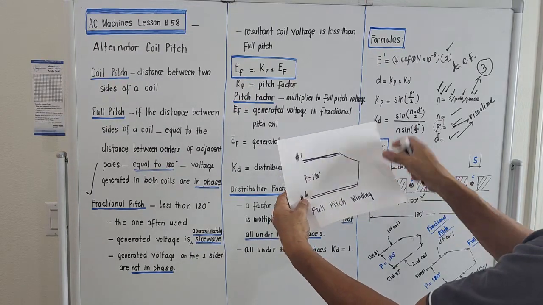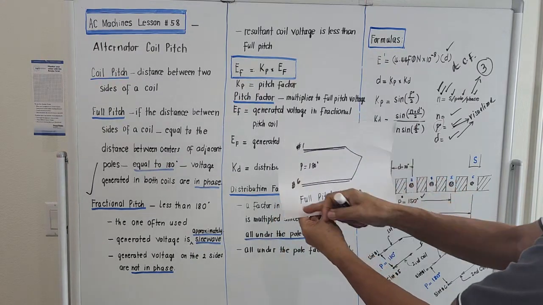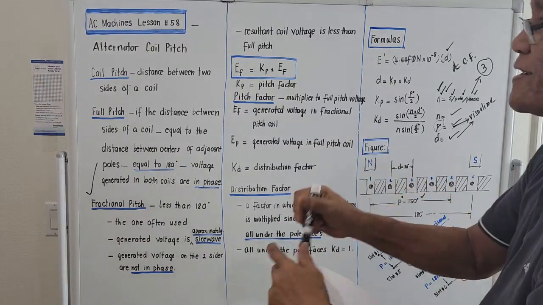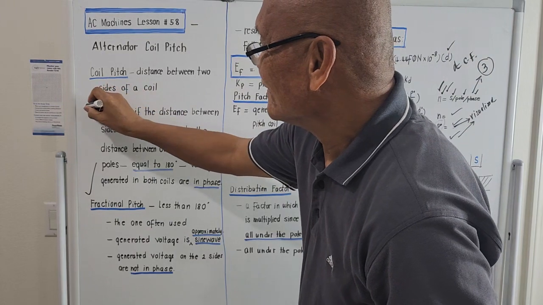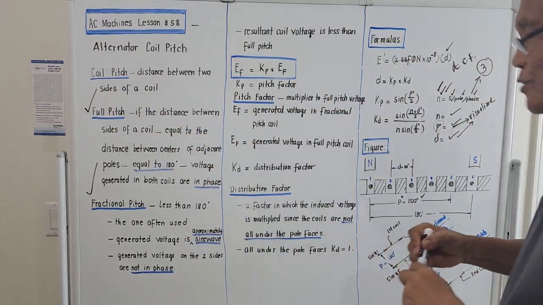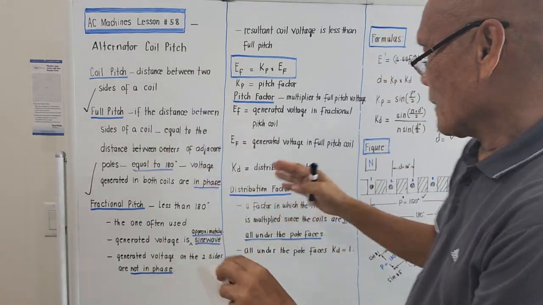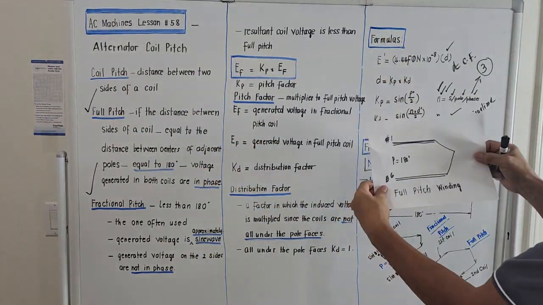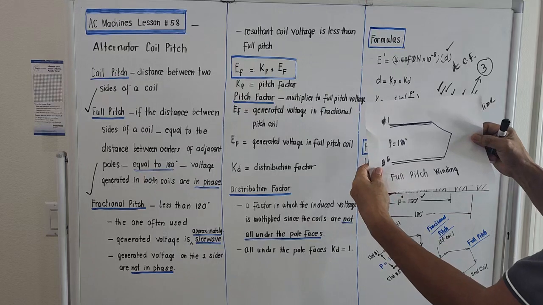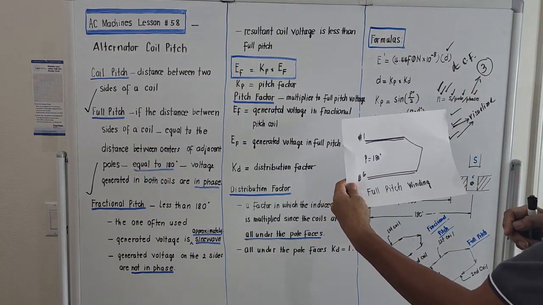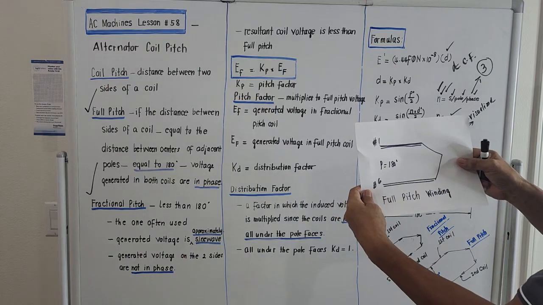If it's 180 degrees, we call that pole pitch winding. So the definition of pole pitch winding is here. I don't have to explain this one, because by just visualizing these figures, we will know what is a pole pitch and what is a fractional pitch. You got it?